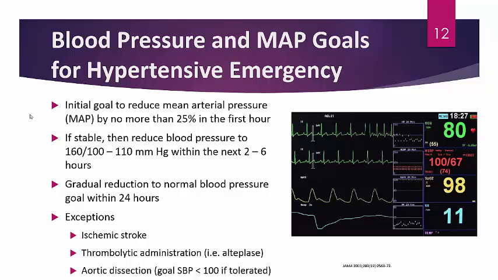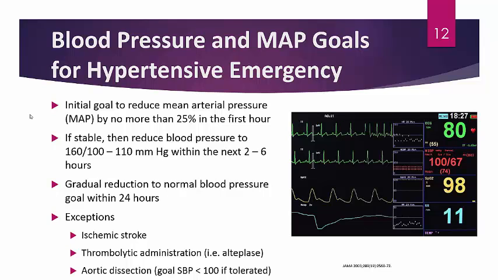After the first hour, if the patient is stable, then a blood pressure goal of 160 over 100 to 110 millimeters of mercury should be targeted within the next 2 to 6 hours. So essentially what we're doing is a slow titration to an eventual blood pressure goal.